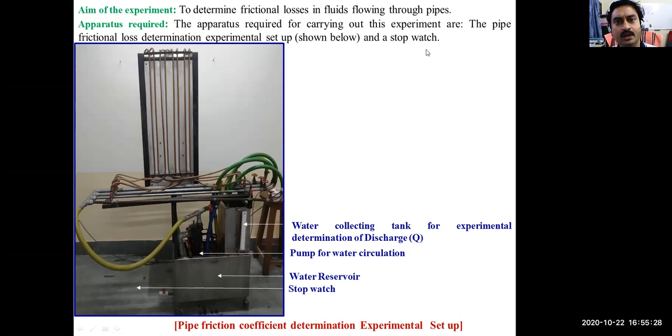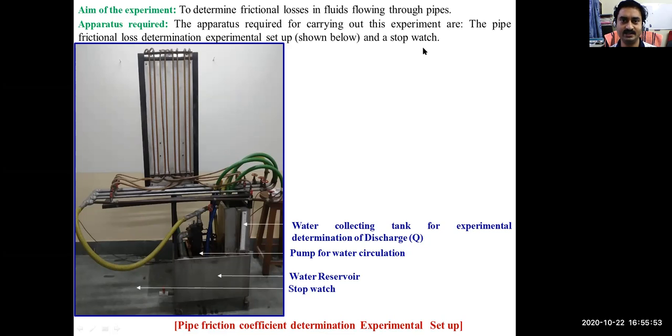In the Bernoulli's theorem apparatus also, you found out the value of the discharge. Here also you will be finding out the value of discharge. Similarly, in the venturimeter experiment, and also in the experiment on coefficient of discharge and coefficient of contraction, experiments 1 and 2, there also you found the discharge experimentally. So this is for discharge.